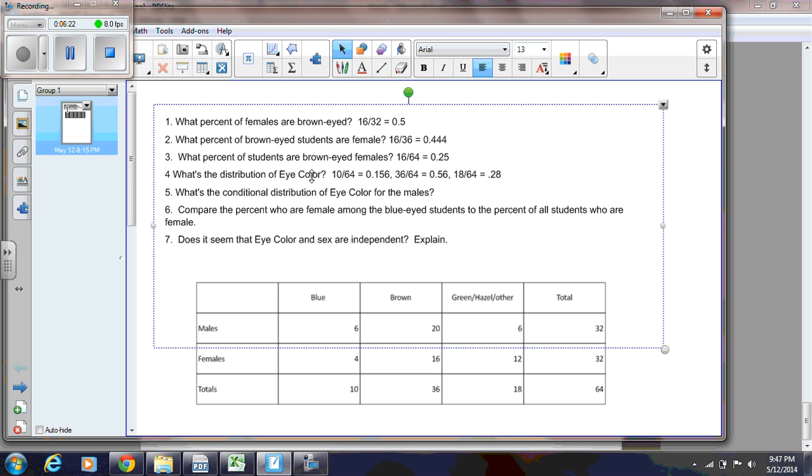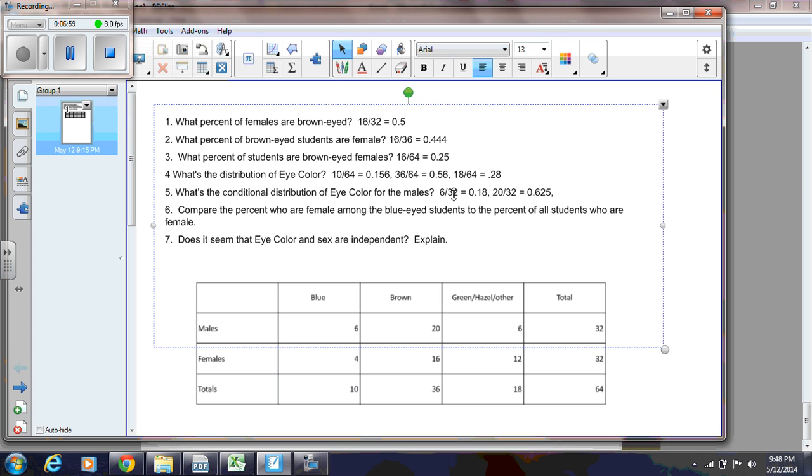We wanted to look at the conditional distribution of eye color just for the males. Now we're conditioning on males. So we're going to look at just the row of males and look at each probability of the eye color. So we're going to look at 6 divided by 32, which is 0.18. 20 divided by 32, which equals 0.625.